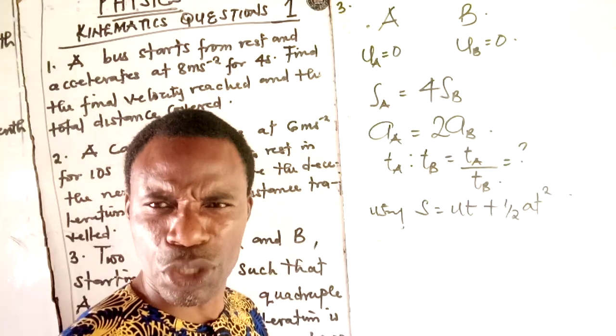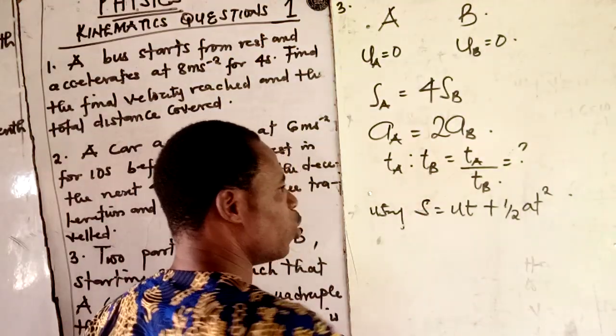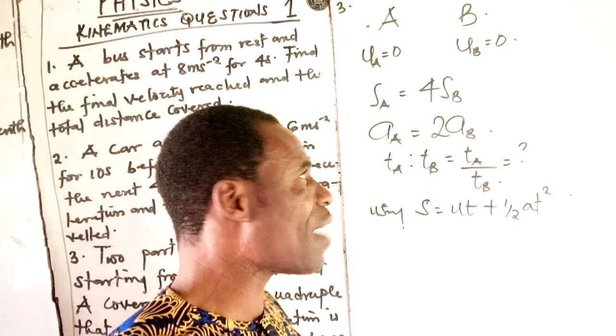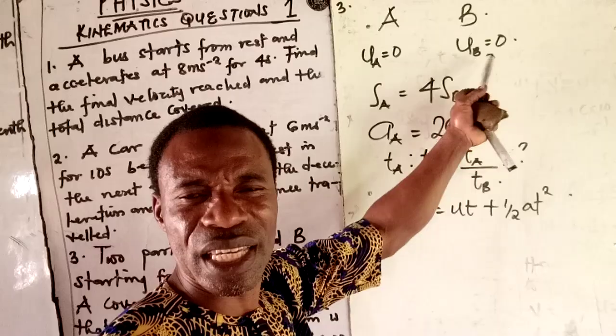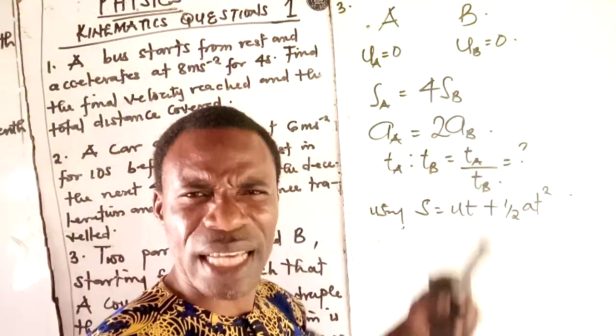That is what we are going to use. Now, you should know that initial velocity for both A and B is 0.